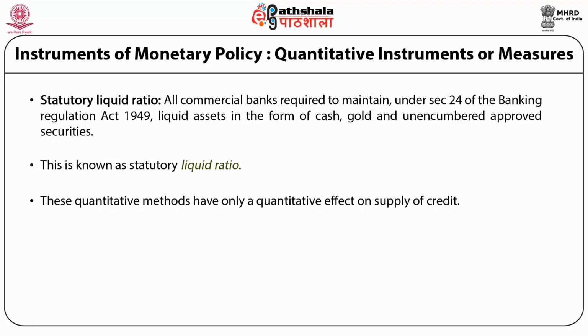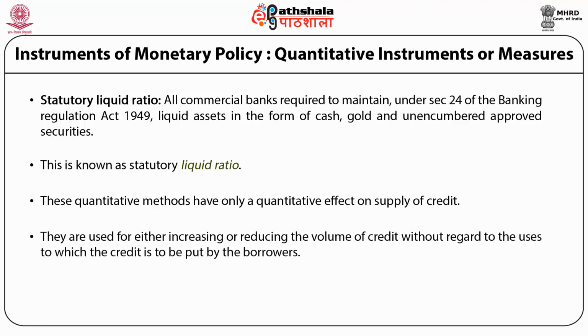These quantitative methods have only a quantitative effect on supply of credit. They are used for either increasing or reducing the volume of credit without regard to the uses to which the credit is to be put by the borrower.